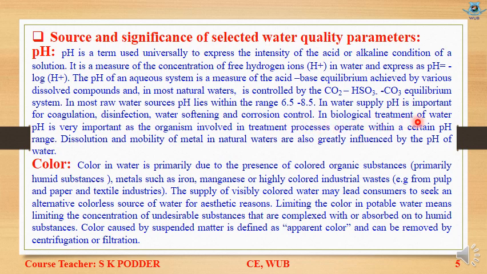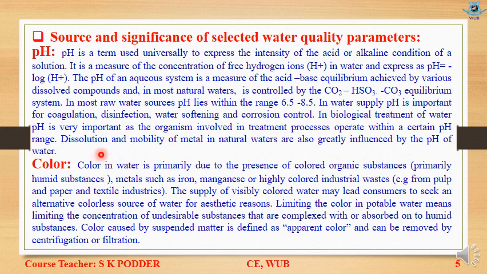In biological treatment of water, pH is very important as the organisms involved in the treatment process operate within a certain pH range. Dissolution and mobility of metals in natural waters are also greatly influenced by the pH of water.